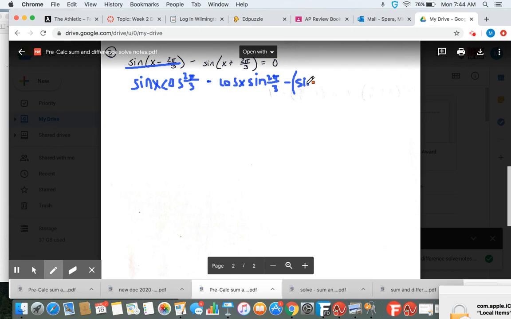So sine x cosine of 2 pi over 3 plus cosine x and sine of 2 pi over 3.